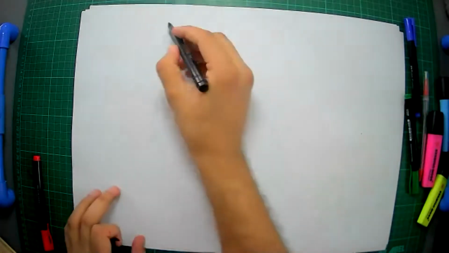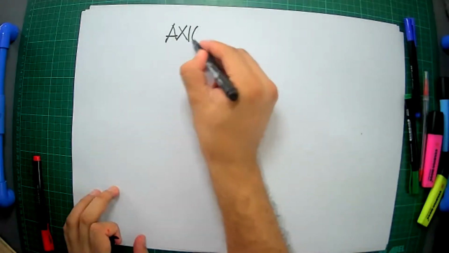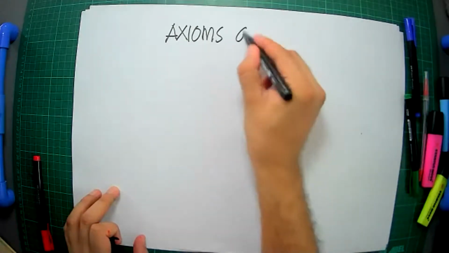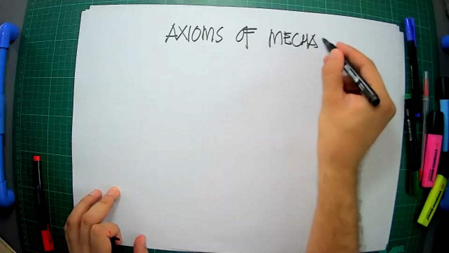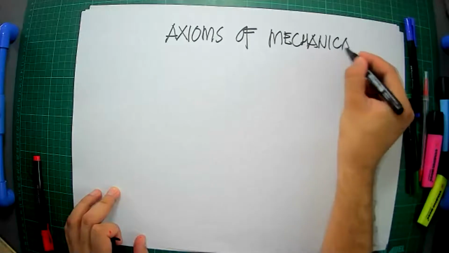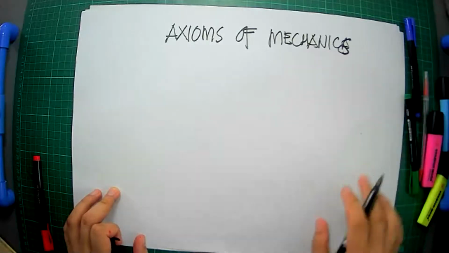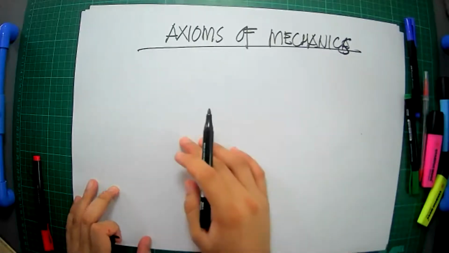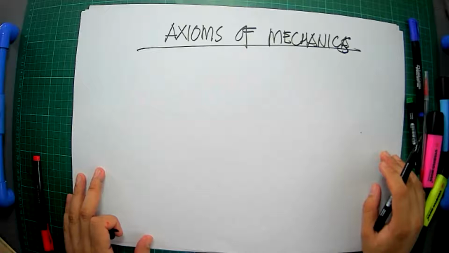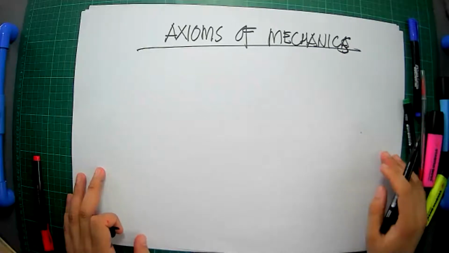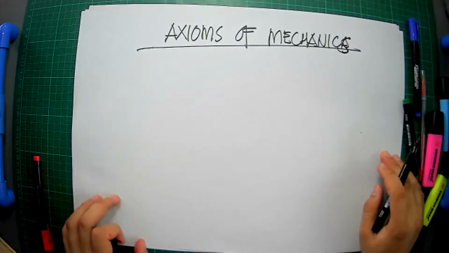When you say axioms, these are generally accepted truths or principles about the study of mechanics. These are principles postulated upon several or more or less self-evident facts which cannot be proved mathematically but can only be demonstrated to be true.